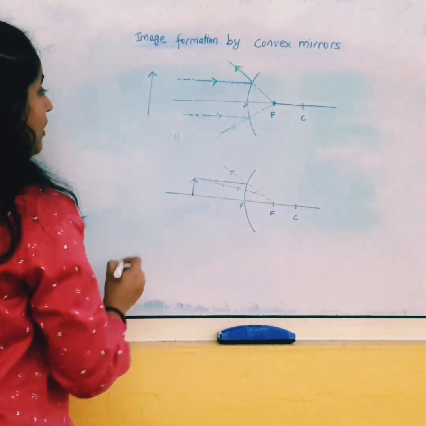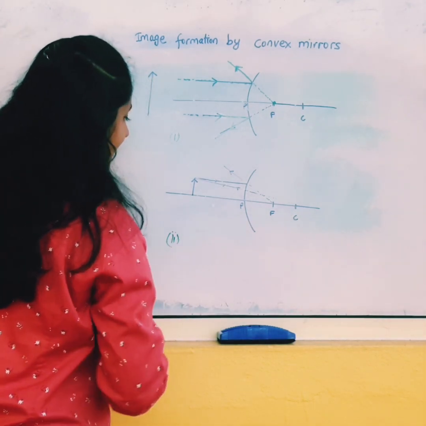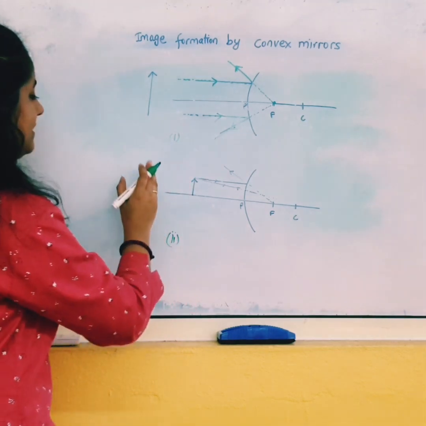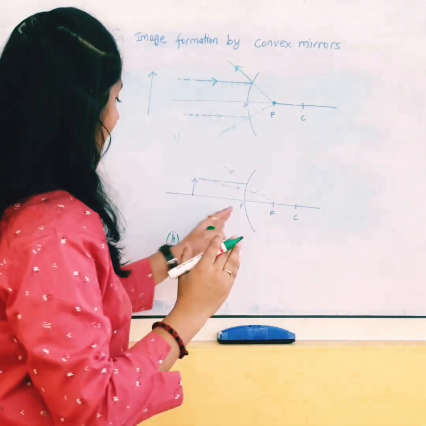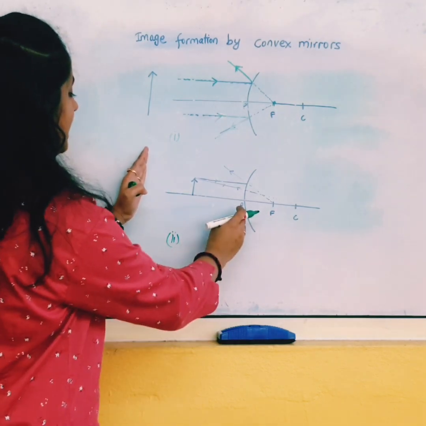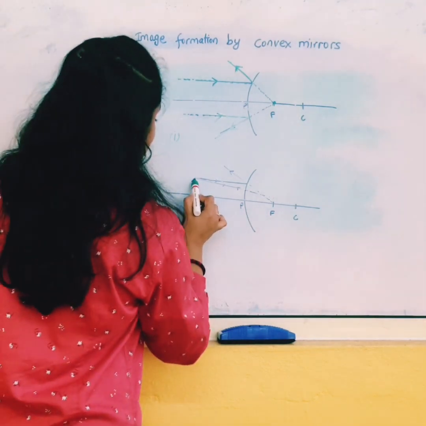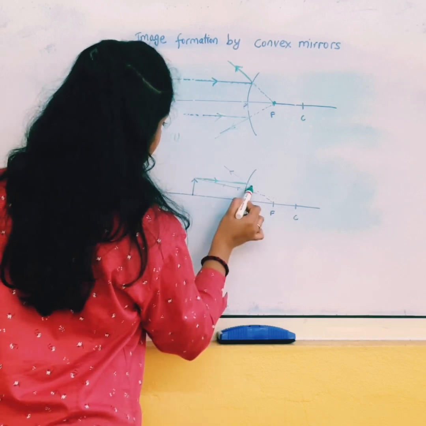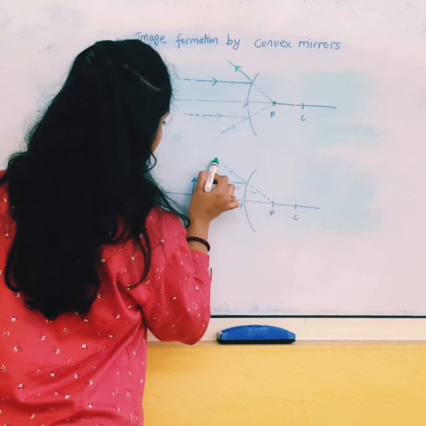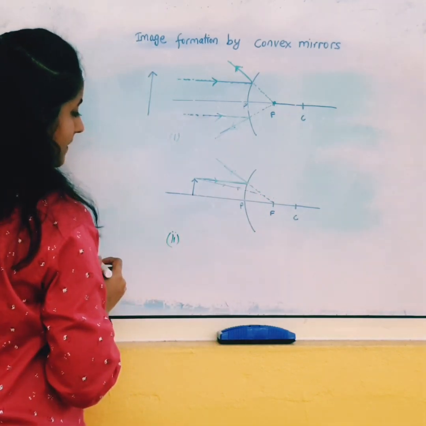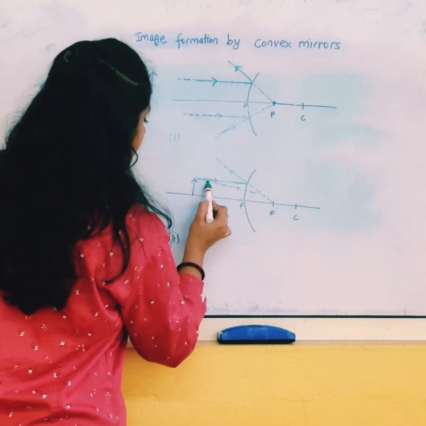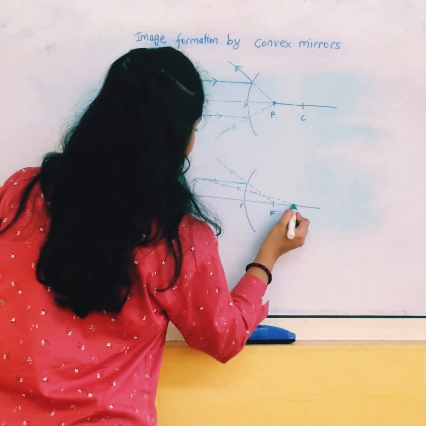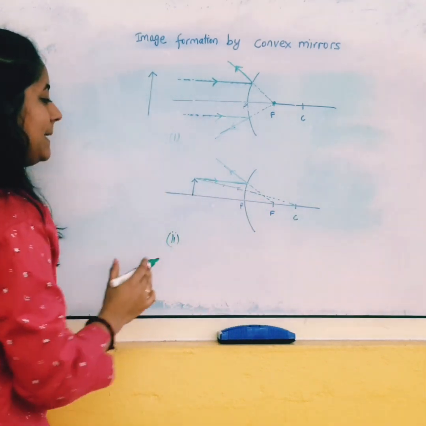Now coming to the second diagram. Here the object is kept near, that is, between infinity and the pole. In this case, the first ray is coming parallel to the principal axis. After reflection it will appear to diverge from the principal focus and it will take this path. The next ray is coming towards the center of curvature, and it will go back in the same path.